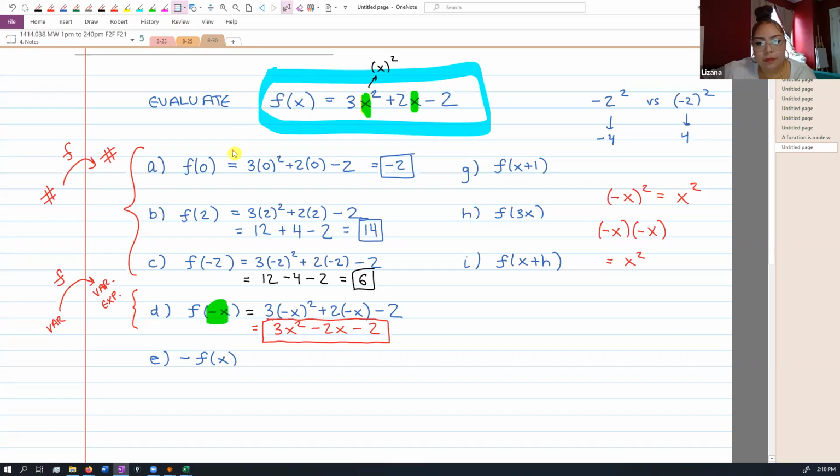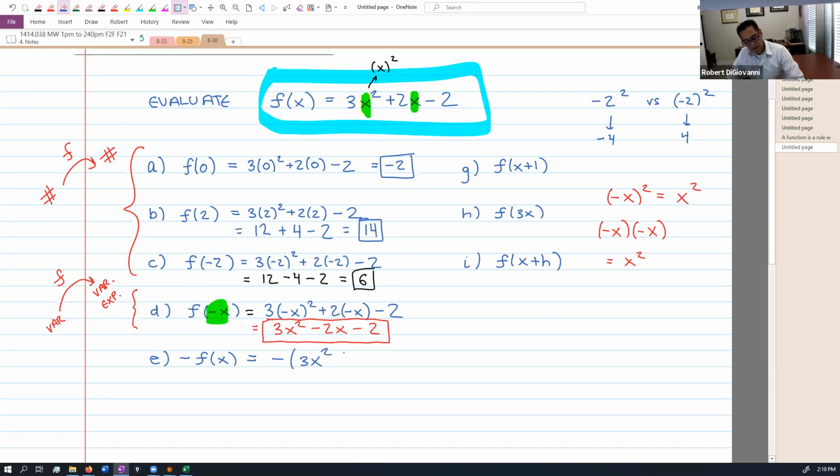So Lizana, what is putting a negative in front of that gonna do? What would happen if you put a negative in front of this entire function? Wouldn't it just act like a -1 and just distribute through? Does that make sense, Lizana? Yeah. Like this would go here and then here and then here.